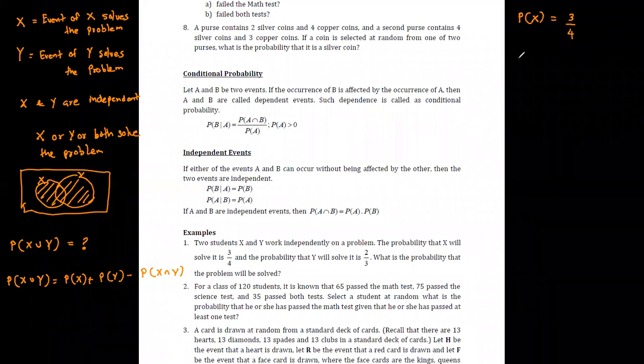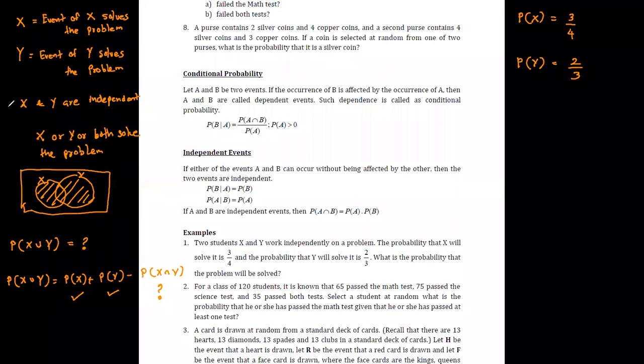And we know the probability of Y solves this problem is 2/3. But for probability of X intersect Y, still we have a question. It is because we do not know the value for probability of X intersect Y.